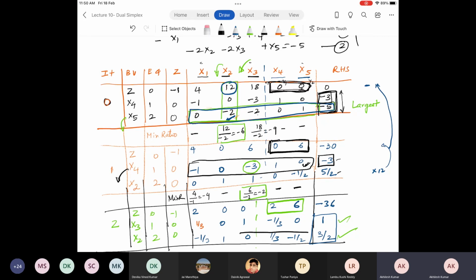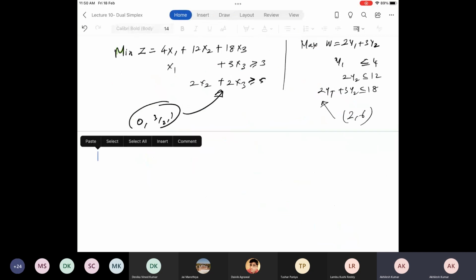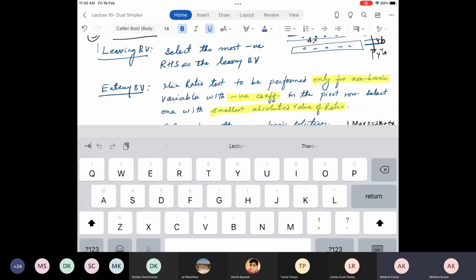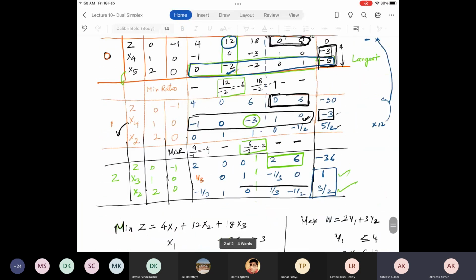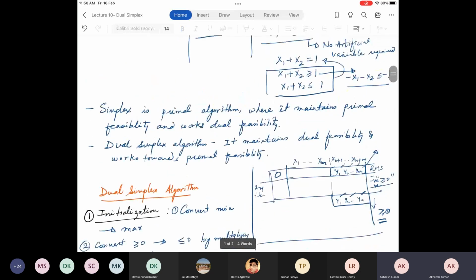Now, instead of looking from the top, you are looking from the right hand side. That's the only difference, right? So that is my personal opinion that if I have been asked such a question, I would rather use the dual simplex, but it is definitely up to you. Until and unless it is mentioned what method you need to use, you can use any method which you are comfortable with.